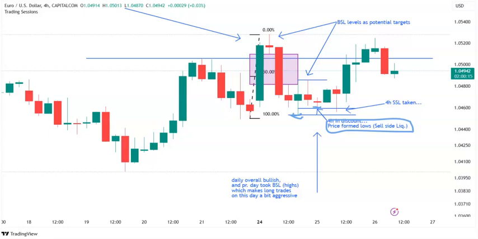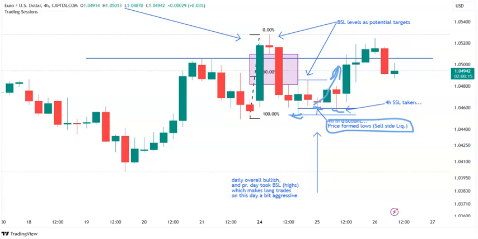And in this bullish structure, whenever you see sell side liquidity to be taken and price shows you the structure shift on the lower time frames, that's a good area to start looking for potential long opportunities.